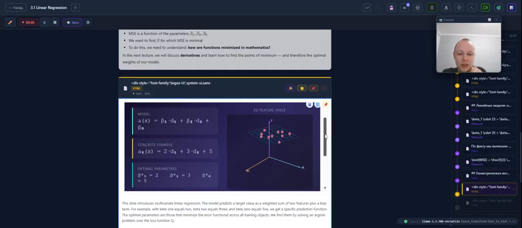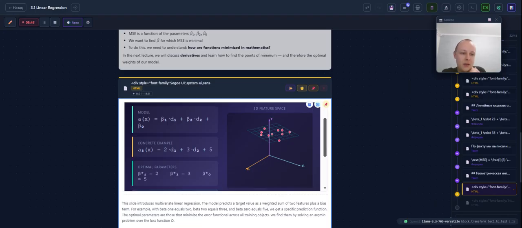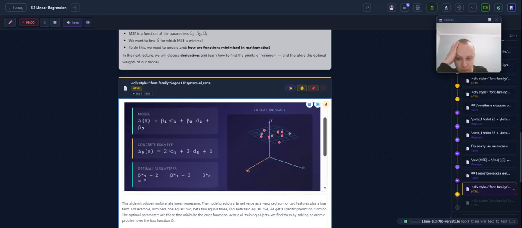Again, quickly we can look at another example, visual representation in a three-dimensional space. We have our data in three-dimensional space with two features, one target axis, and we try to find optimal parameters of our beta. In this case, we don't start from the 0 in the beginning of our axis.